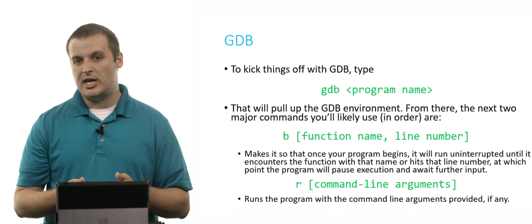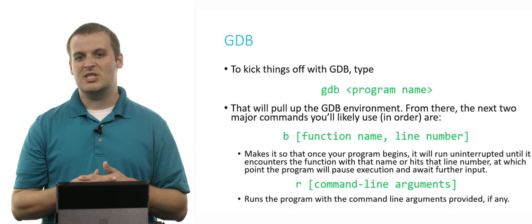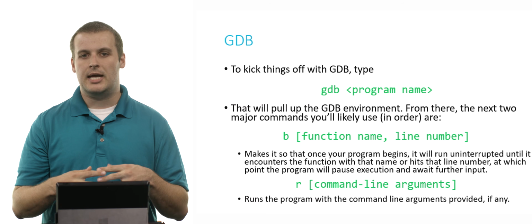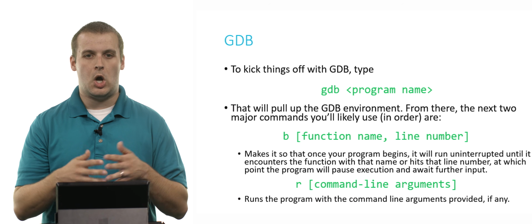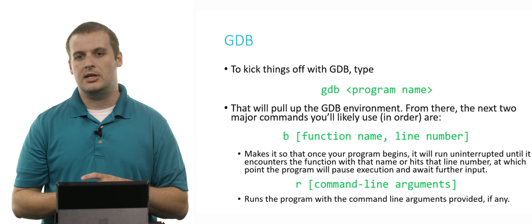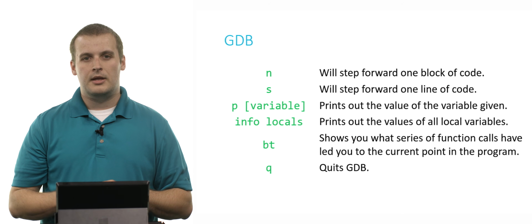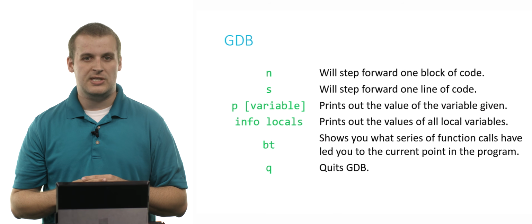Then, once you've set your breakpoint, you can run the program, and if you have any command line arguments, you specify them here, not when you type gdb and your program name. You specify all the command line arguments by typing r, or run, and then whatever command line arguments you need inside of your program.